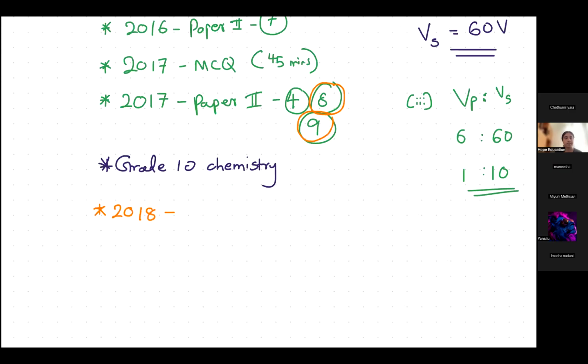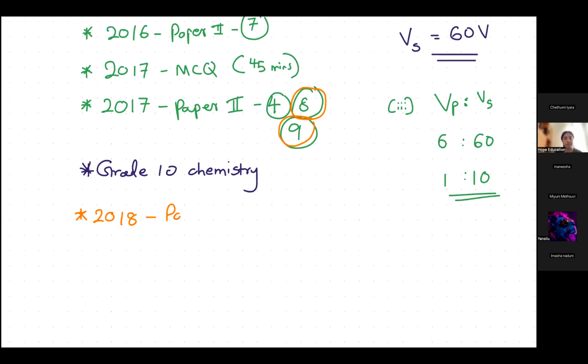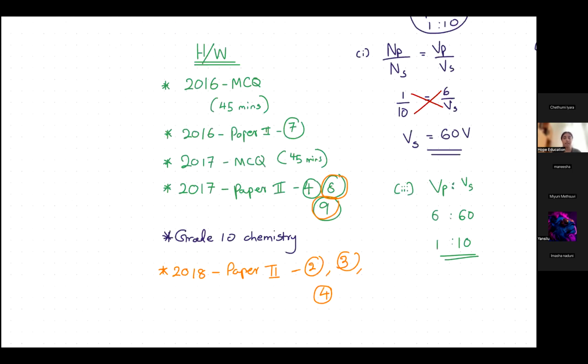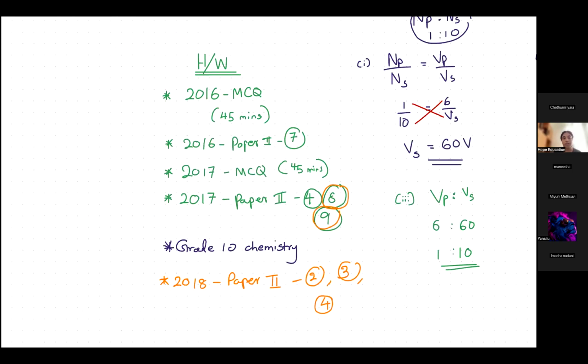In the 2018 paper 2, do the second, third and fourth questions. I think this is all, because with two MCQs, friends, there's a lot of homework this time. You might have to start as soon as possible.